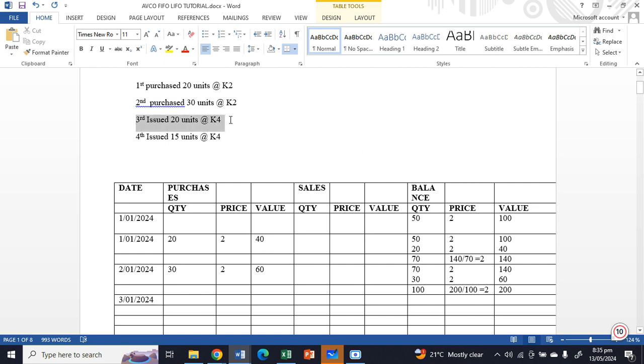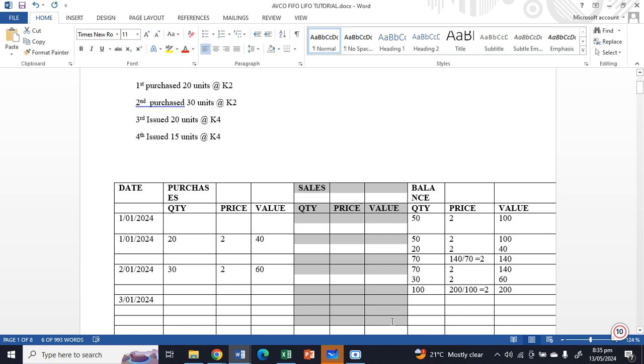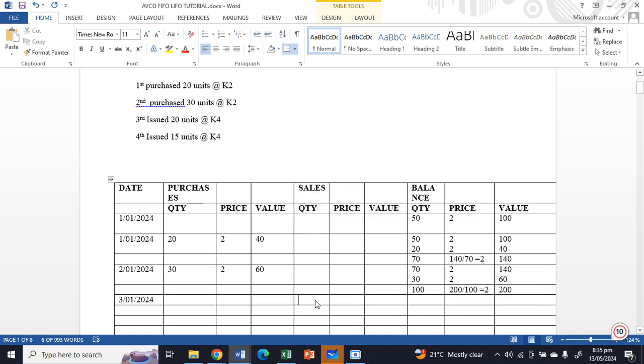Yes, so on the 3rd of January, we sold 20 units at 4 kwacha per unit. So we come to the sales column, we sold 20 units at 4 kwacha per unit. Total value is 80 kwacha.